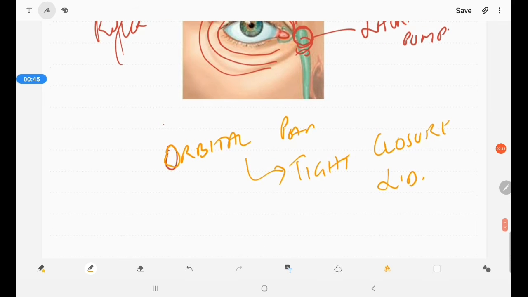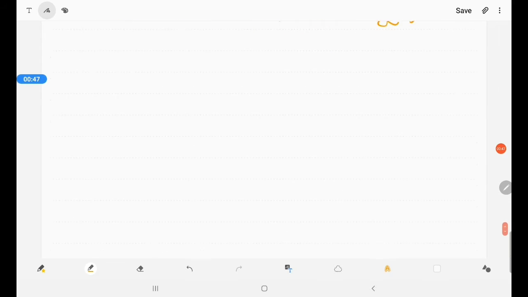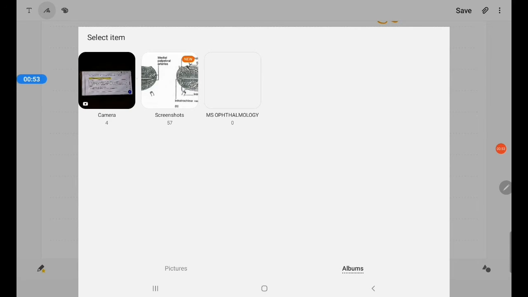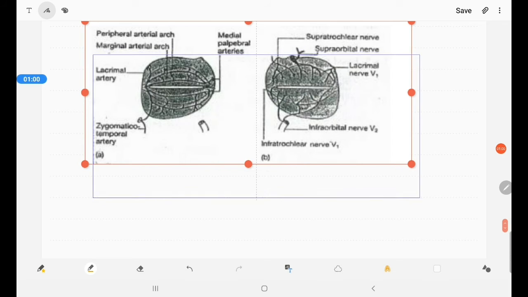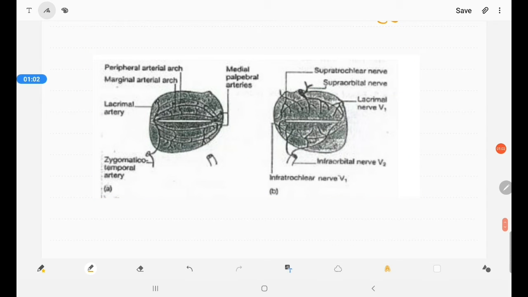Now the next important thing to know in the orbicularis oculi or the lid part is the arterial supply and the nerve supply of different areas of the lid. So that is clearly mentioned in this picture as such. We'll just revise it.